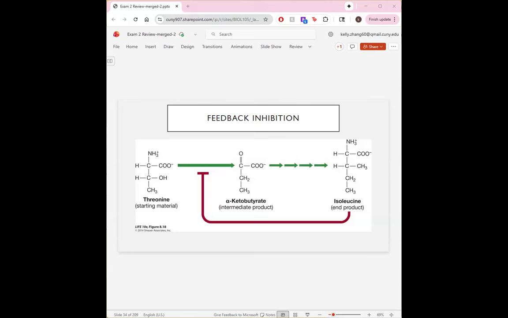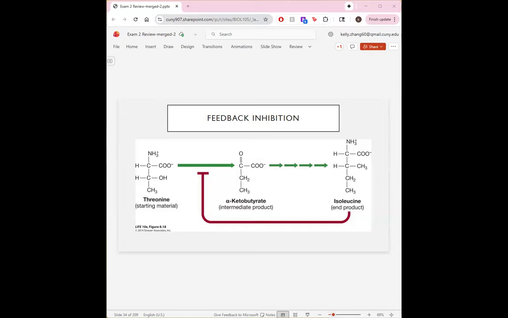Allosteric enzymes are controlled by allosteric regulators, which bind to an allosteric site, separate from the active site, and change the structure and function of the enzyme. Again, an example of that would be non-competitive inhibition. Allosteric regulators work in two ways: positive regulators stabilize the active form, and negative regulators stabilize the inactive form.